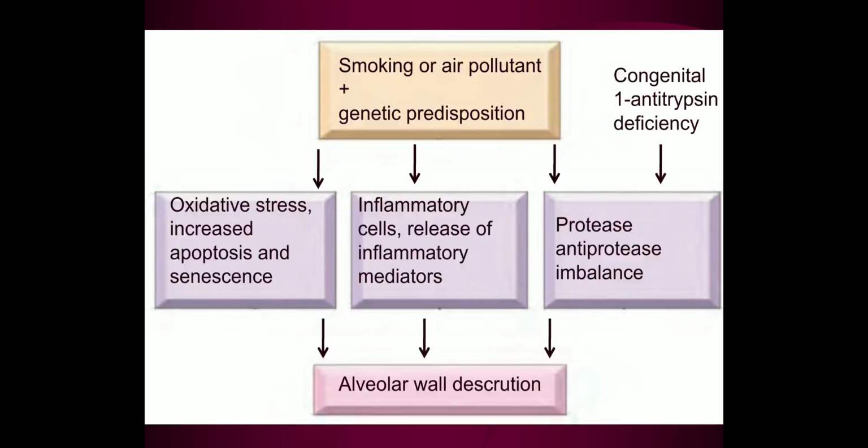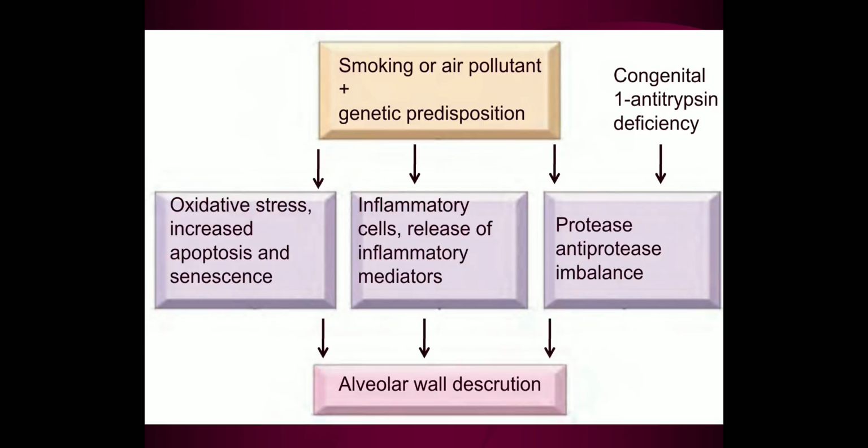So what happens if there is increased protease? It will undergo destruction. But normally there is another mechanism that is known as antiprotease, which will inhibit this protease action, and that is this balance, that is the protease antiprotease balance, which prevents the development of emphysema.